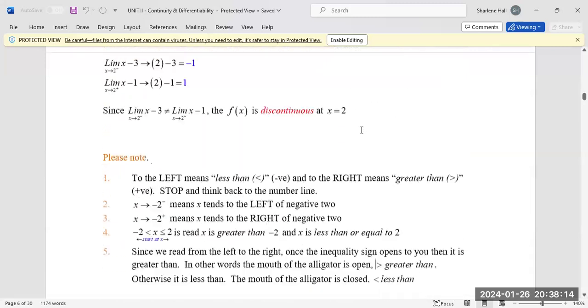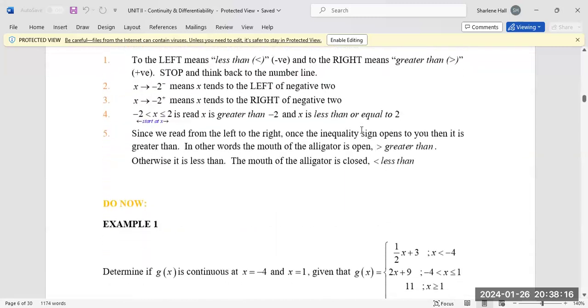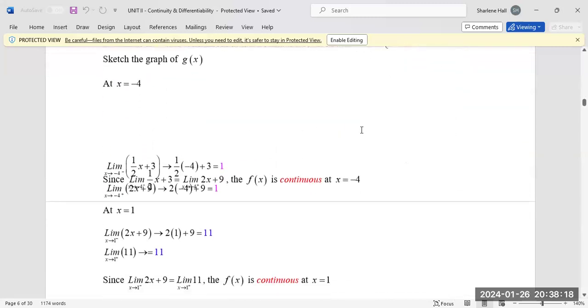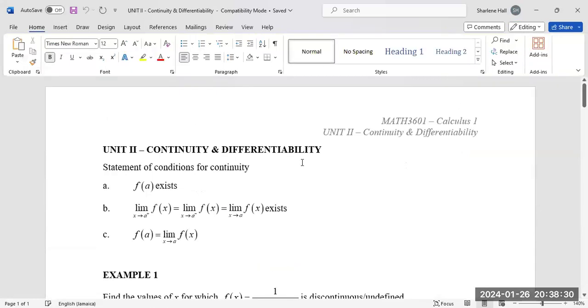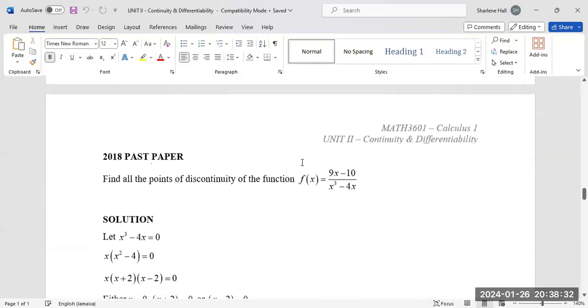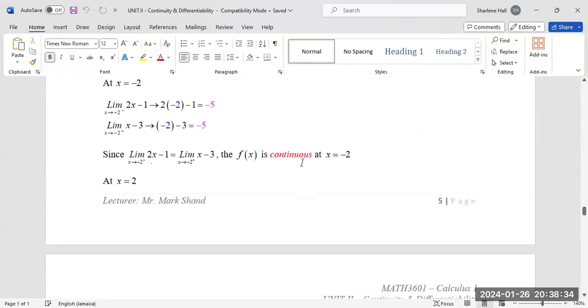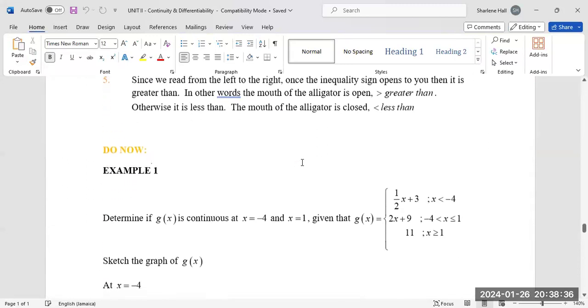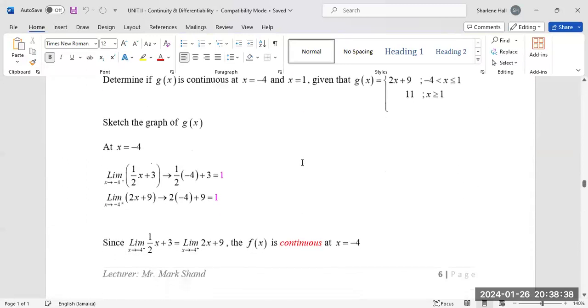Something went awry with my document just now, and I was wondering what was happening.